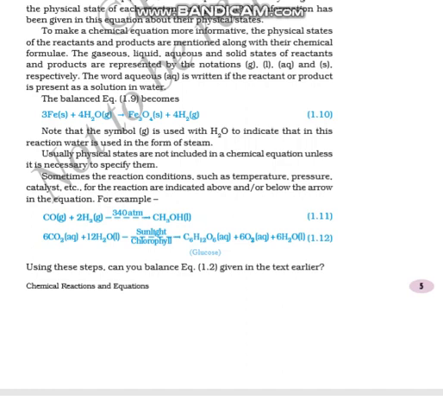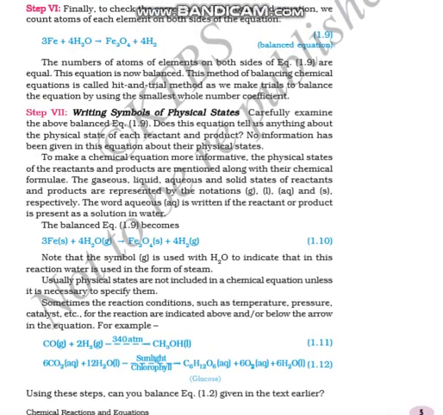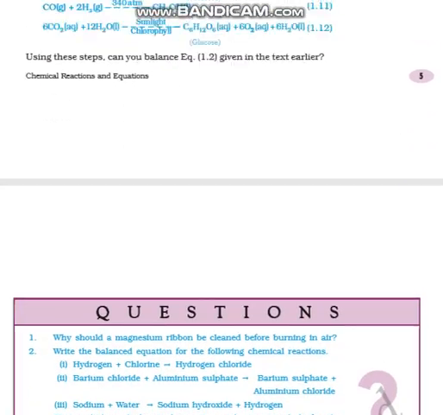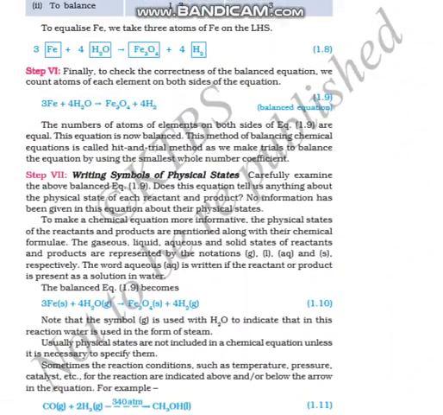Similarly, if this reaction is taking place in the presence of sunlight, or in the presence of heat, you have to write sunlight above the arrow. So this is the method of symbolizing chemical equations.